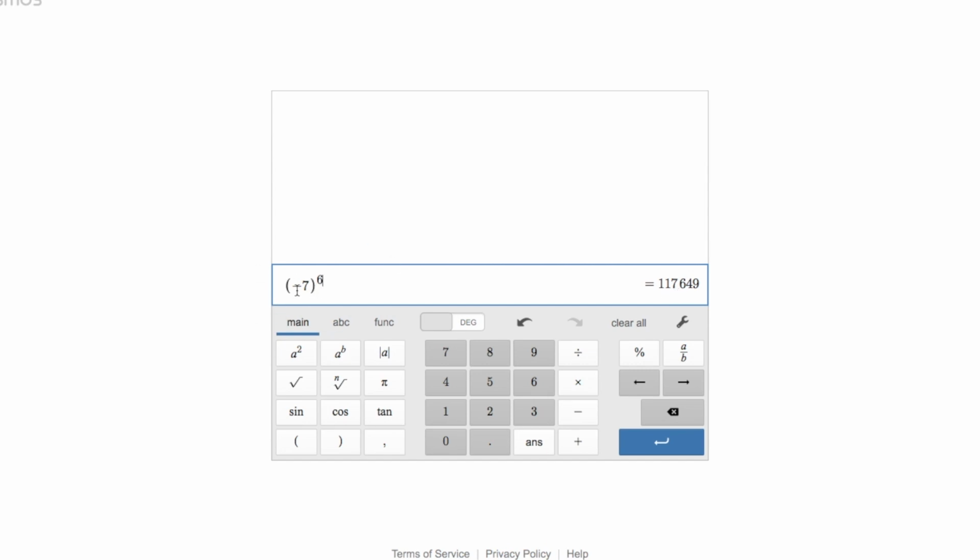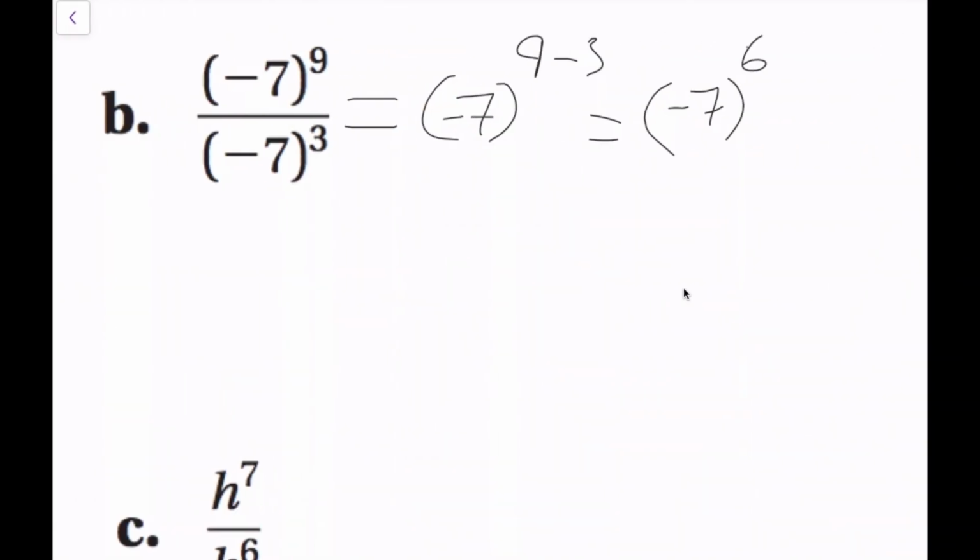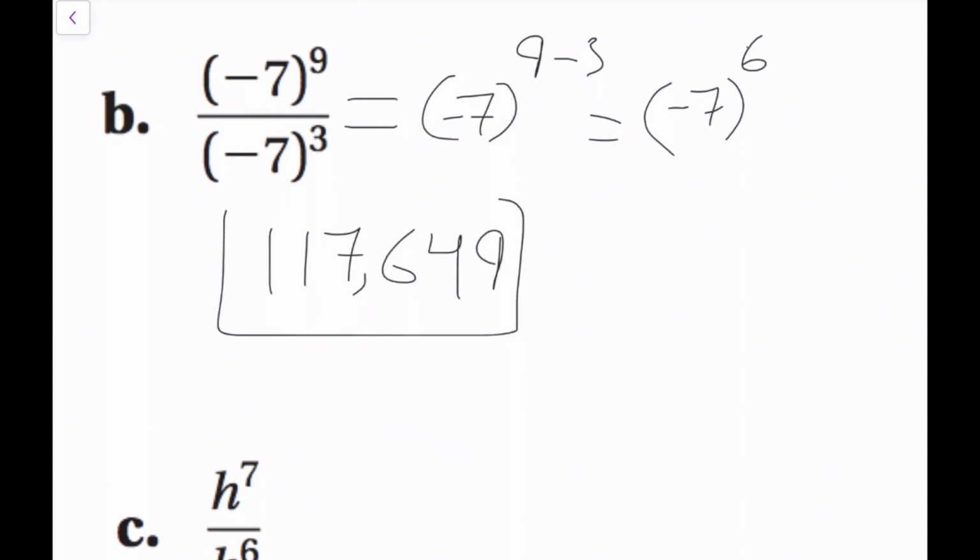And I actually didn't need to put that negative into the calculator, because if I'm ever taking a negative number to an even power, the negatives will cancel out and it will turn into a positive. But anyway, this is our answer, 117,649. So if it asked for our exact answer, we would put 117,649. So this is our exact answer, and this would be our answer in exponent form.